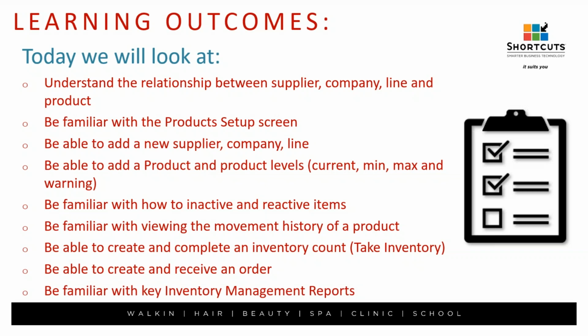We want to make sure that you're comfortable at every step of working with inventory in Shortcuts. You should know how to activate and inactivate products, set your levels, know your movement history, and what the particular reports are, and even how taking inventory works.